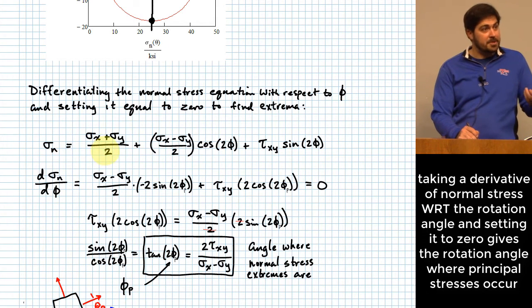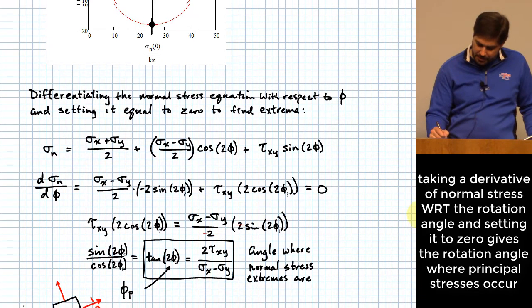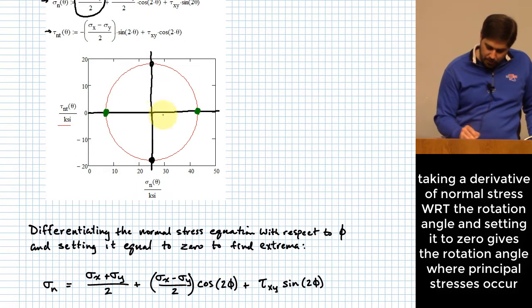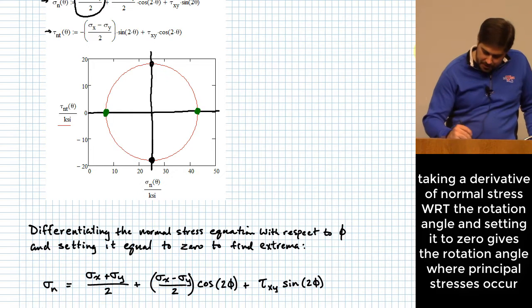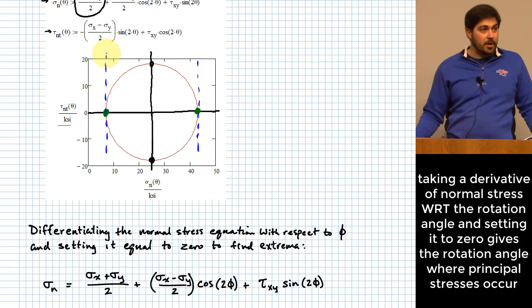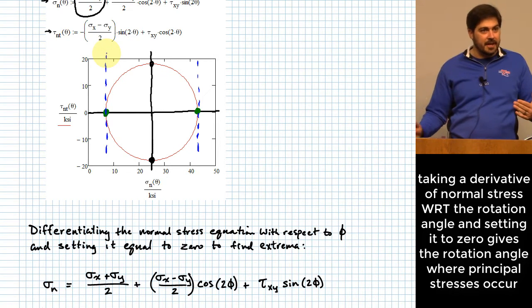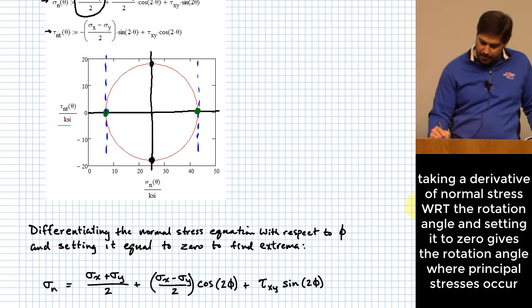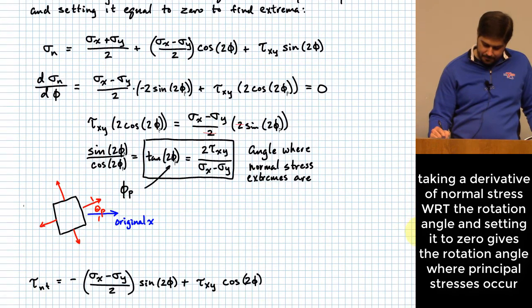That should give me my principal stresses, right? Because principal stresses, one of the things you notice here is that along the normal direction, you reach some maximum and some minimum, right? That's what I'm finding by using this technique. It's kind of the maximum and minimum that happens there. Okay?